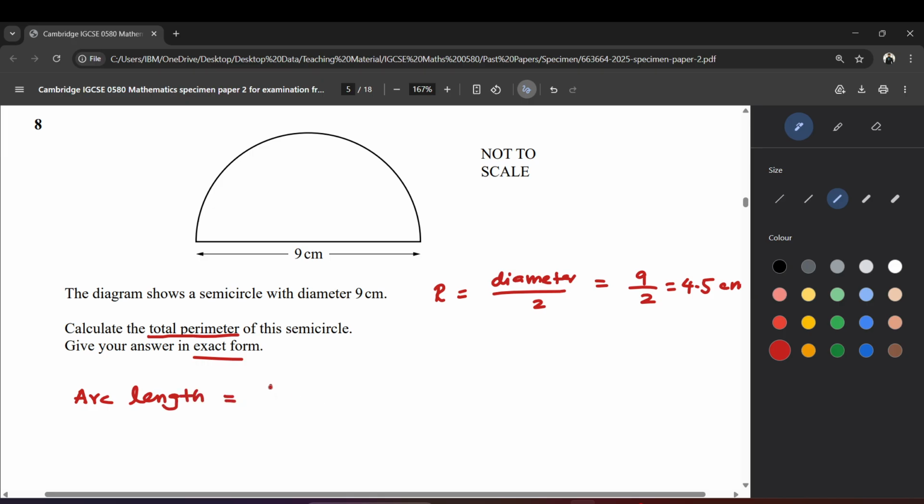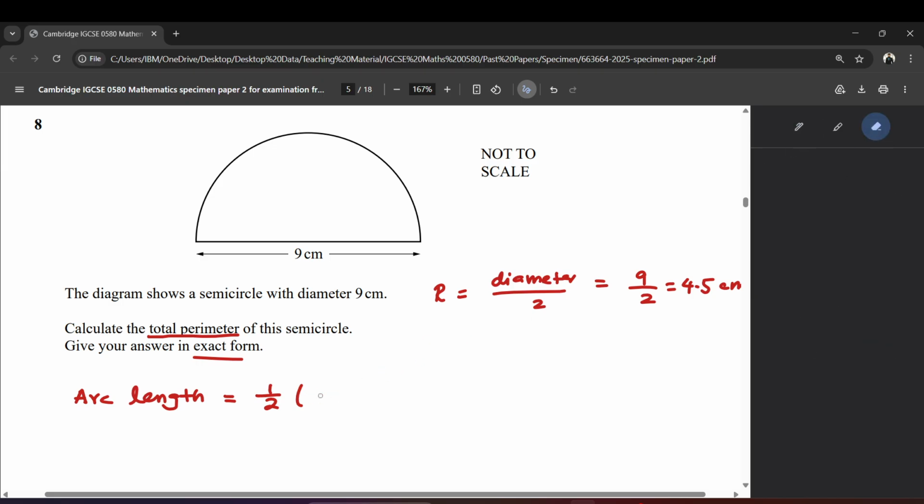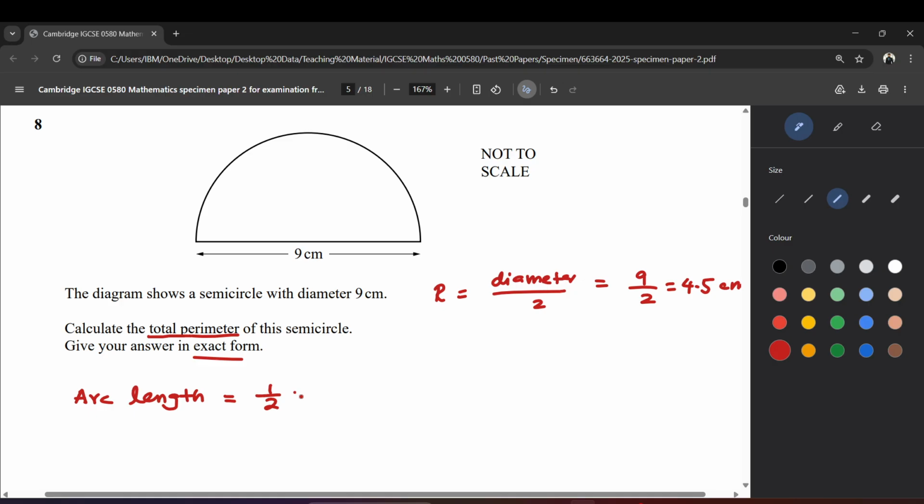So I can say arc length will be half into circumference. So that will be half into 2 pi r. So 2 and 2 will cancel out. So you will be left with pi r.